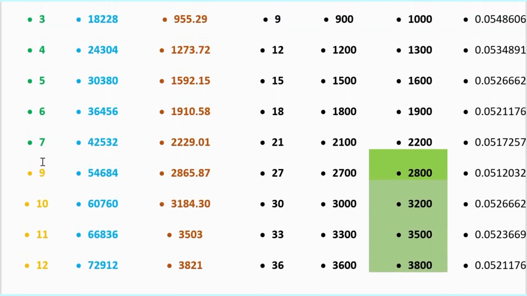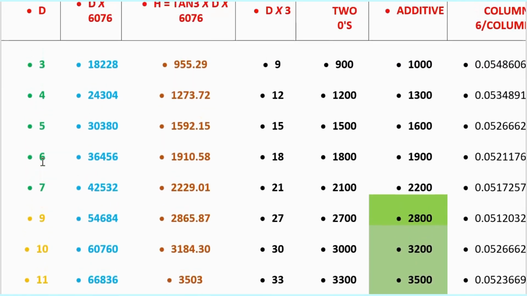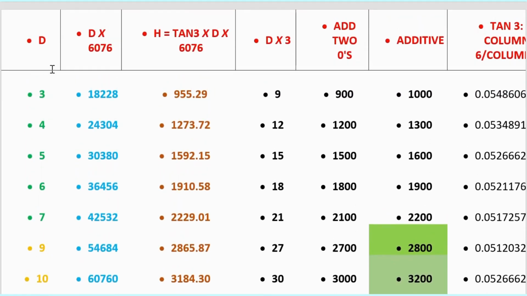Let's look at these values. If you are 3 nautical miles, 3 multiplied by 6076 is going to give you 18,228 feet.